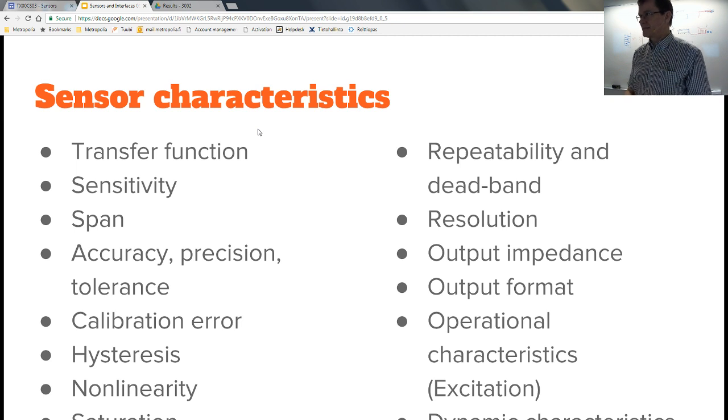Inaccuracy means how close to the real value you can sense. There are some things that come from physics that say it can never be accurate. A tactile switch is actually accurate. It's either on or off. But any other sensor has some inaccuracy. Precision is a different thing. It's about how precisely it always gives the same value in the same environment.